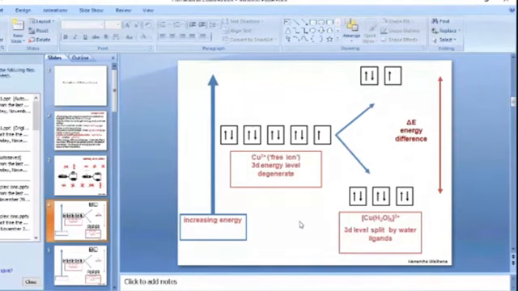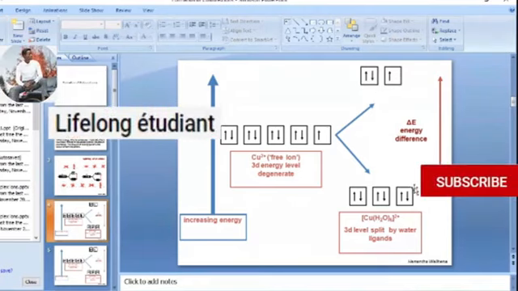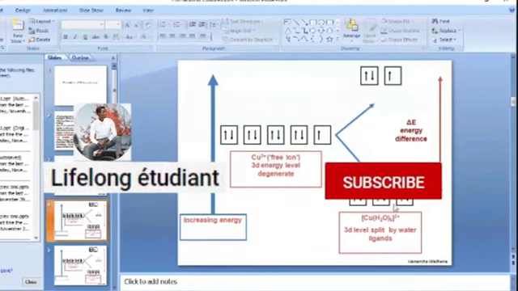So let's see what happens. We are considering a copper free ion. This is the 3d orbital of a copper 2+. When a ligand approaches, the d orbital splits to 2 orbitals of higher energy level and 3 orbitals of lower energy level.